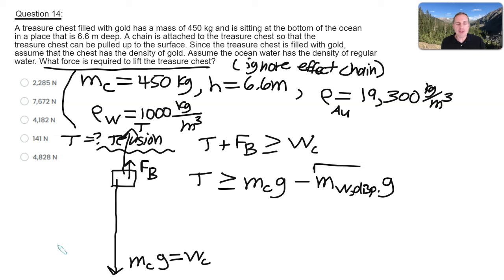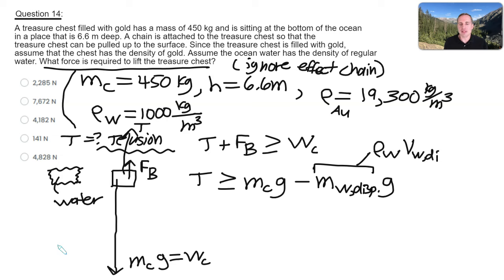Now, how do we get the mass of the water displaced? Well, that's kind of hard to do directly, but it's going to be the exact same shape as the treasure chest, but this is just water. And we usually can't take that water and put it on a scale, so instead we say mass is just density times volume. So that's the density of the water times the volume of the water displaced.